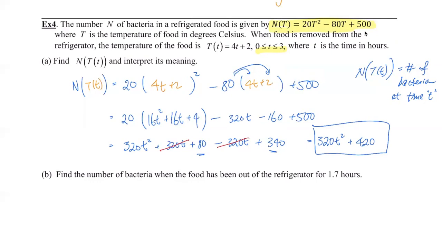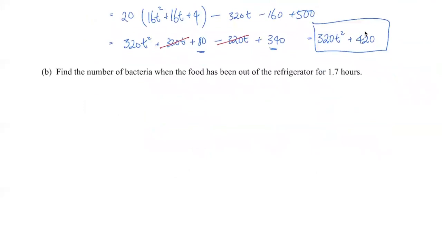And we say, oh yeah. Because if t is equal to 0, then this part is 0, but it doesn't affect the 420. So the initial amount for big N of capital T of small t is equal to 420. That's what we have when it starts off, and that's how it keeps on growing.